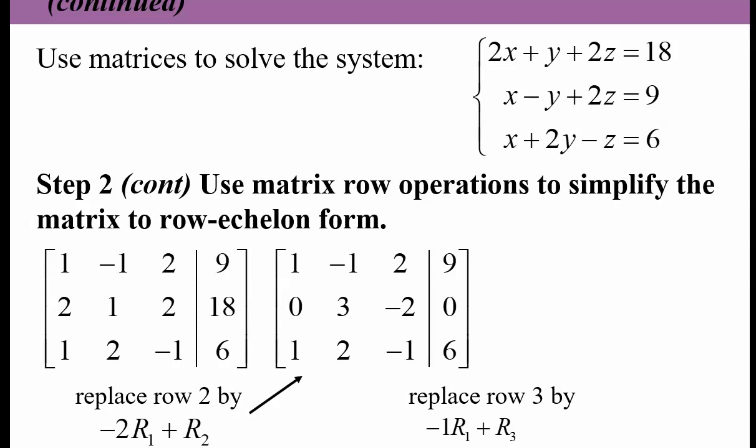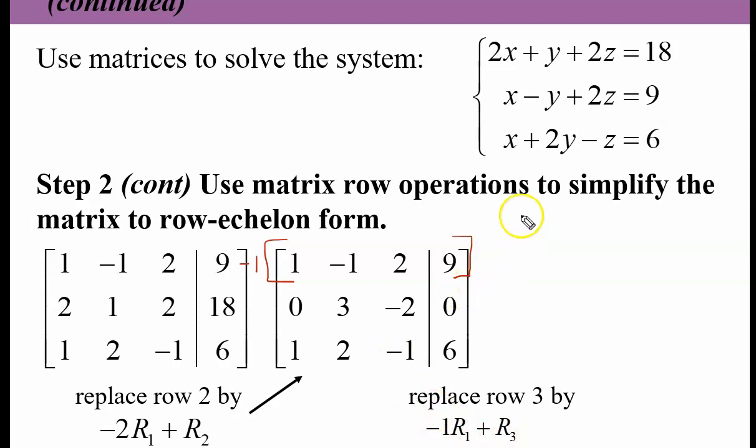Again, there's more than one thing you can do, but we'll follow what the book is showing us. We're now going to replace, we want this to become a 0 here, row 3 by multiplying row 1 by a negative 1 and adding it to row 3.